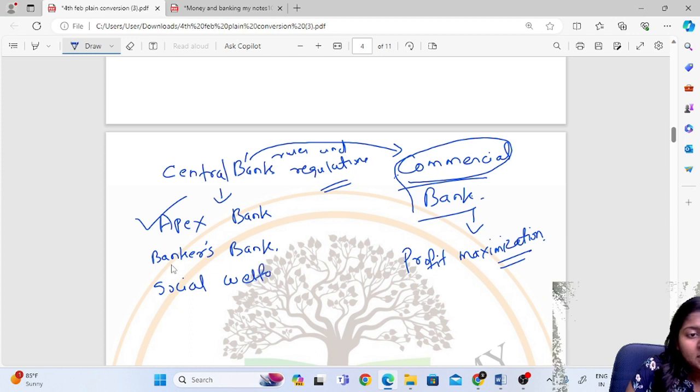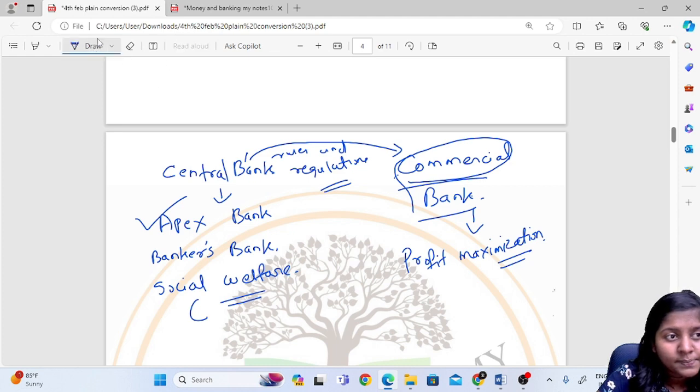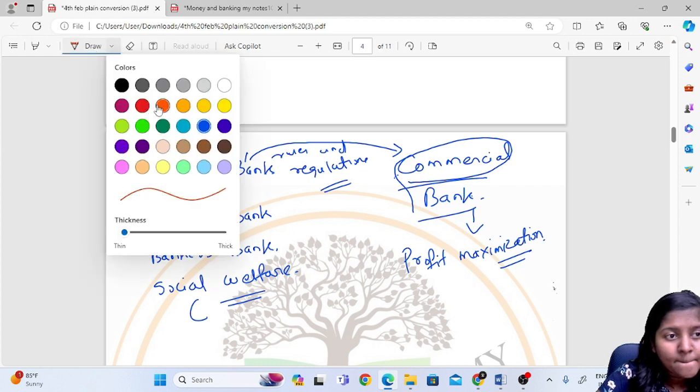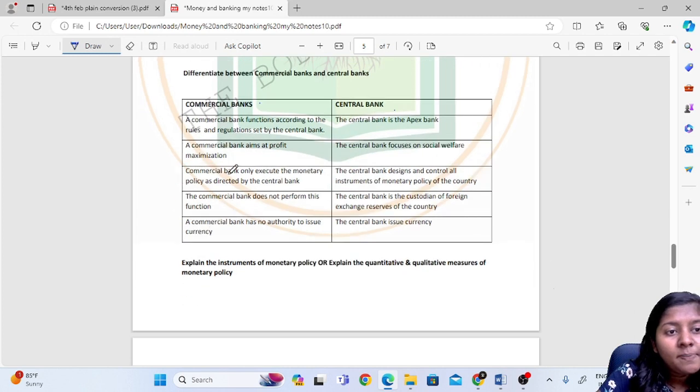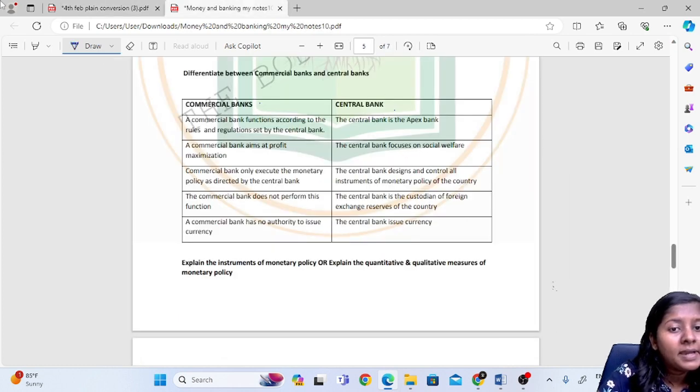The central bank sees that there is maximum social welfare of the people, while the commercial bank focuses on profit maximization. Commercial banks only execute the monetary policy. Whatever policies are framed by the central bank are followed by the commercial bank, wherein the central bank designs and controls all the instruments of monetary policy of the country.